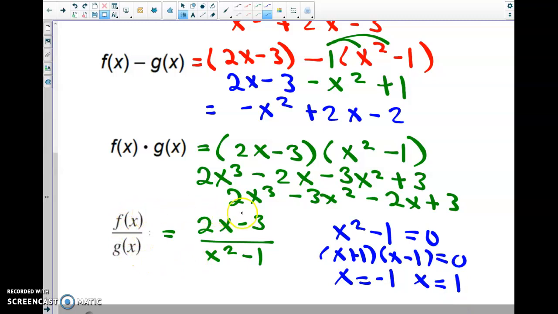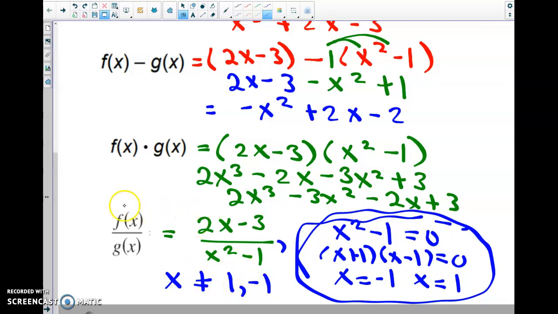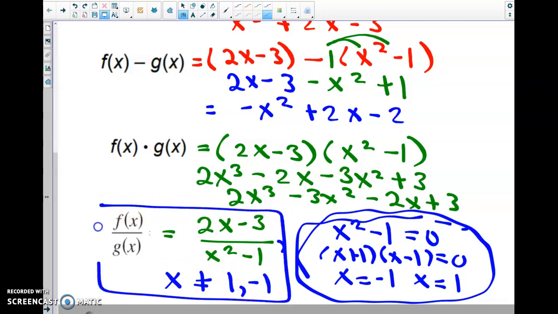So when you get this combination of functions, whenever you have a function in the denominator with a variable, you need to state that and put a comma and then say x cannot equal whatever you found over in this work here. So x cannot equal positive 1 and negative 1. So that would be your final answer for the combination of functions for f and g.